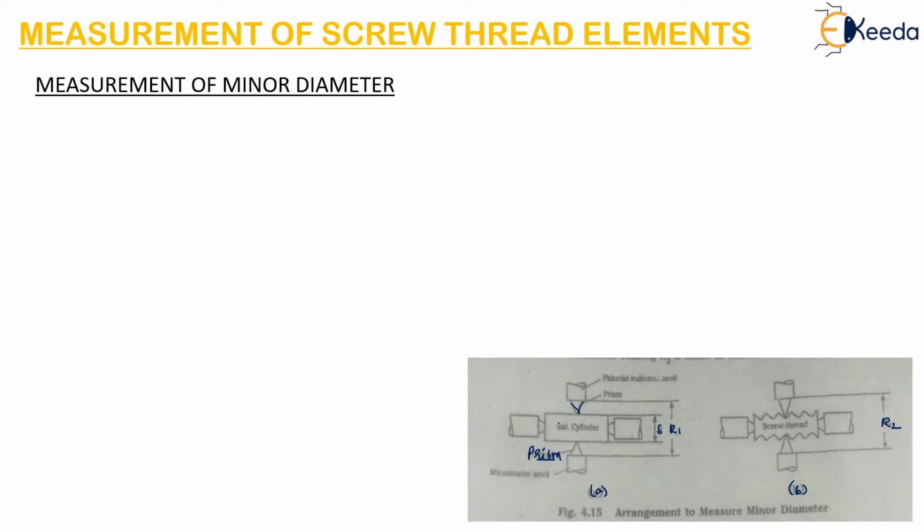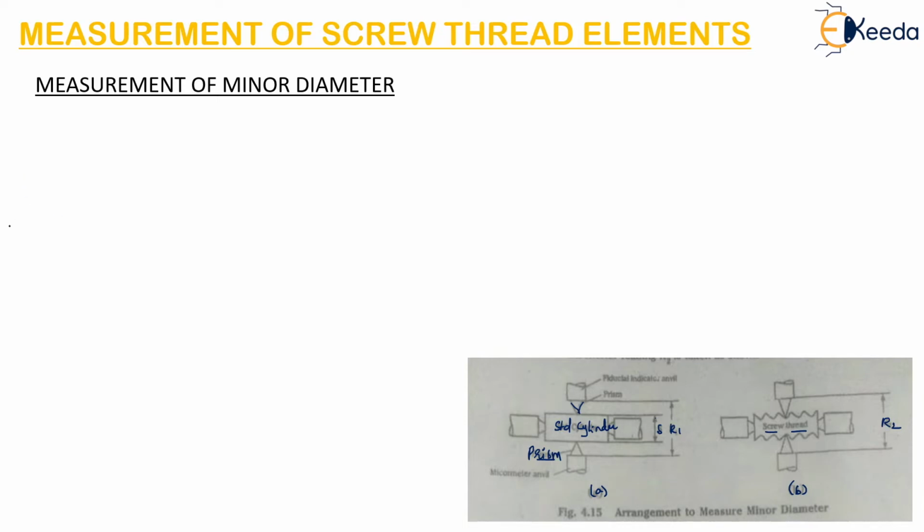This is a standard cylinder which we are measuring on a floating carriage micrometer, and this is the screw thread whose minor diameter has to be measured.